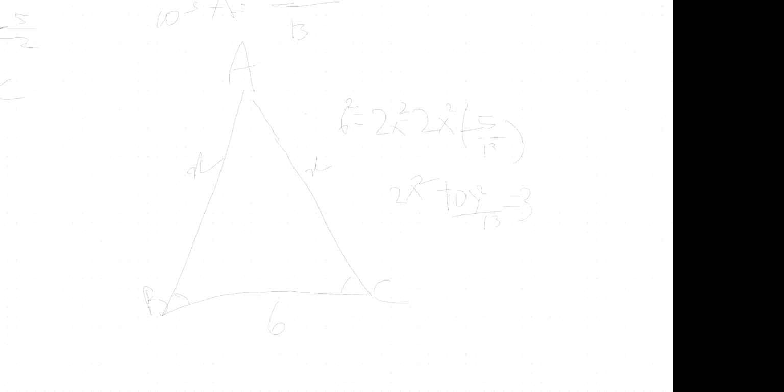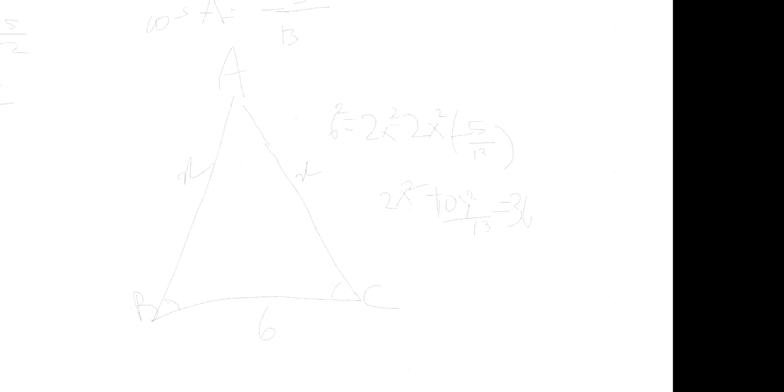And then 26x squared plus 10x squared is 36 times 13. So we know that x is going to be root 13. And now we also know sine of A, so we can use the area by sines.